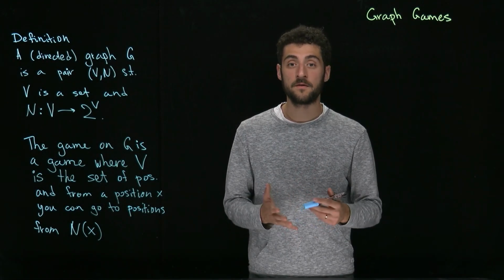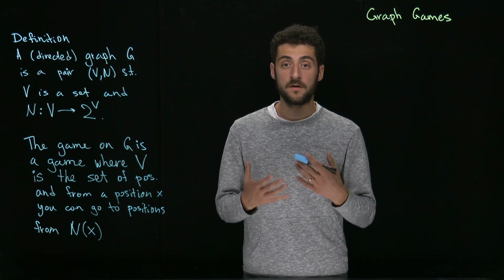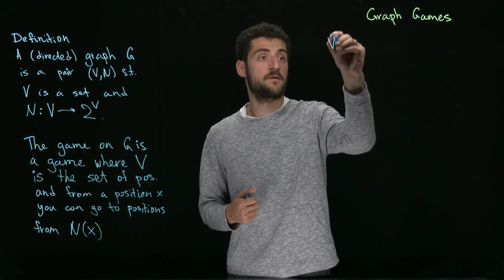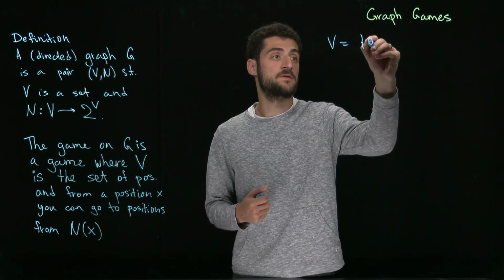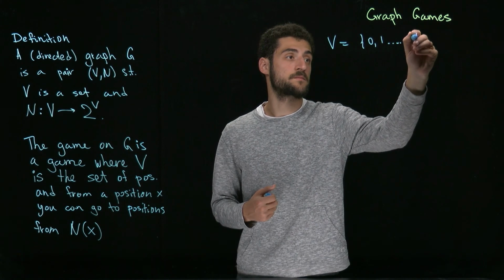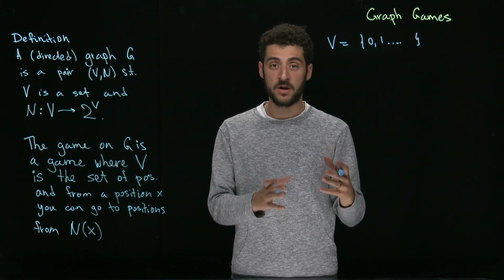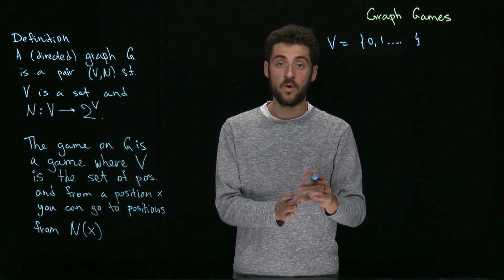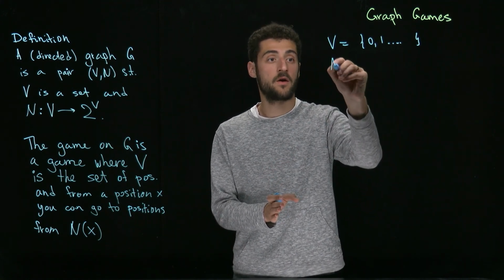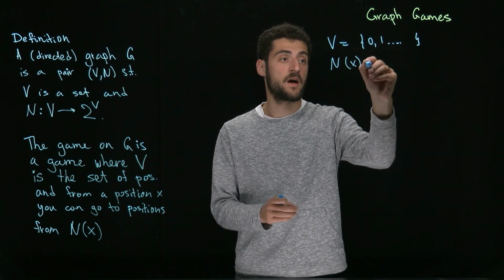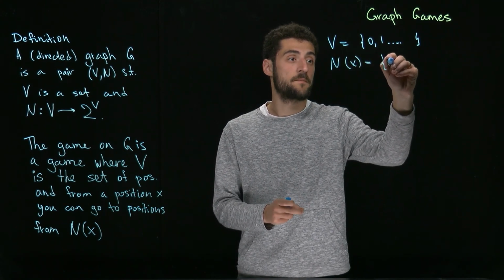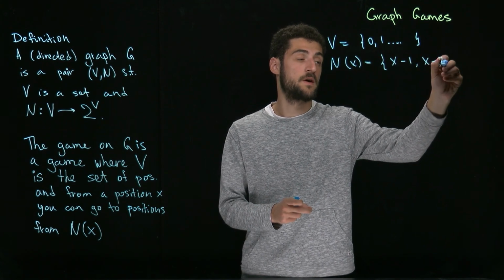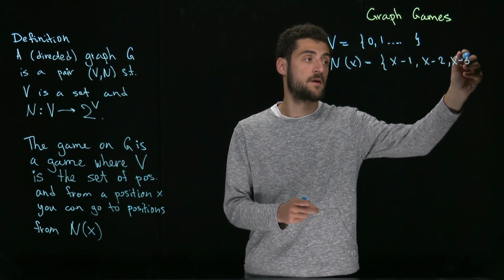For example, in the game we considered in the first video, the set of positions was the set of integers. Then V is the set of numbers 0, 1, etc. And from a position n, we could go to n-1, n-2, or n-3. So n of x was defined as the set of x minus 1, x minus 2, and x minus 3.